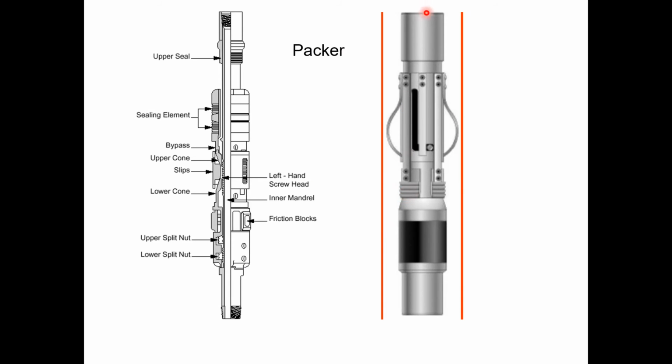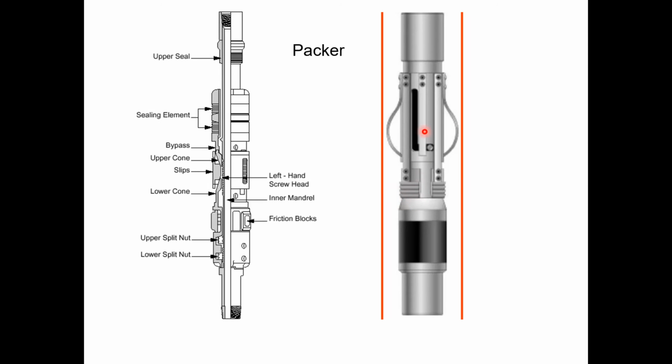Above here is the tubing. This is the casing. And this is the mechanical means: when we want to set the packer, we put downward force or we squeeze the packer, and the slips go over this conical surface and set the packer.